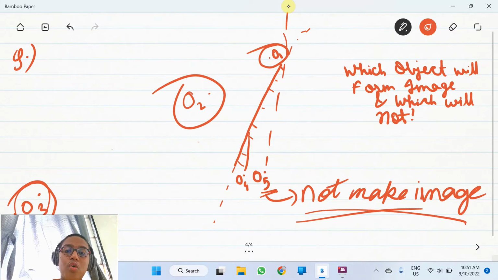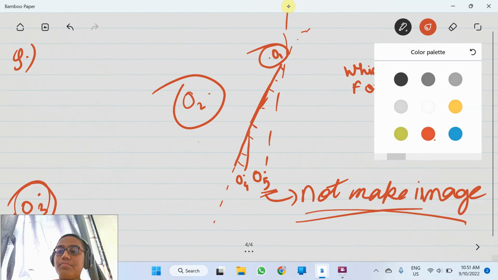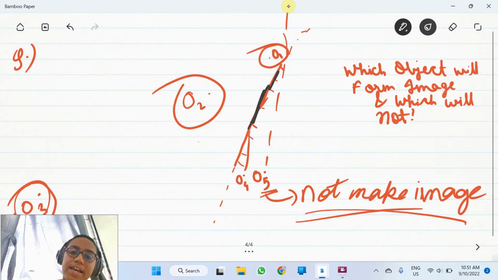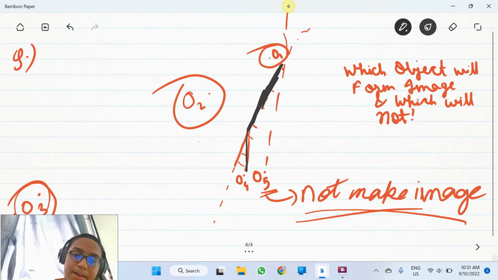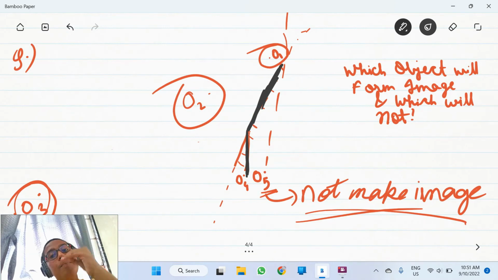If we see O4 and take only this part, I'll change the color, and if we take this part only, if only the black colored part was present, then it would be just the part where O4 would make an image.